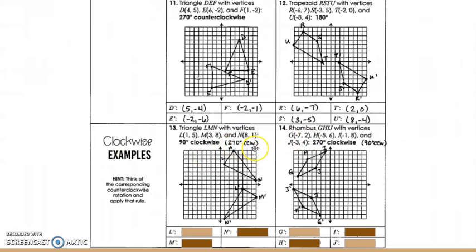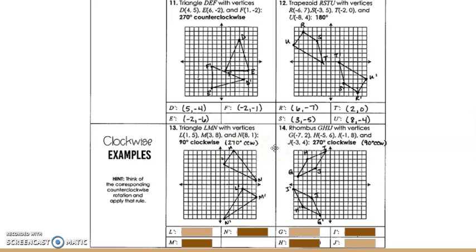Using that information, we can use our rule to figure out what our new ordered pairs are. So that's why we want to figure out what it would be if we were doing our normal counterclockwise rotation. 90-degree clockwise is 270-degree counterclockwise.